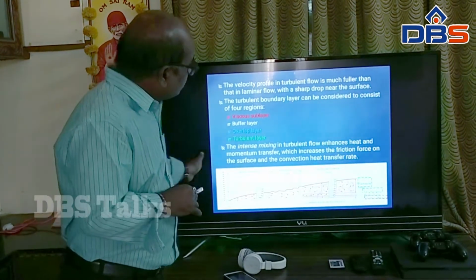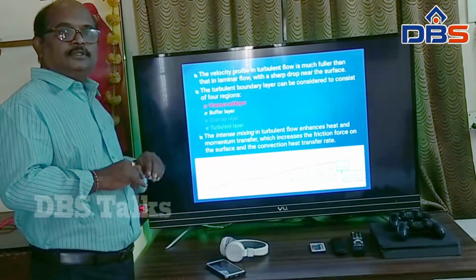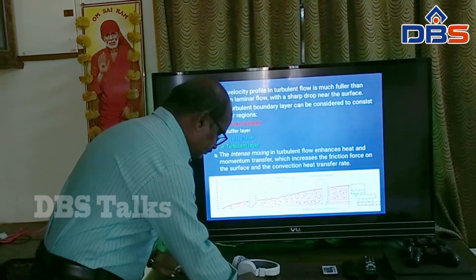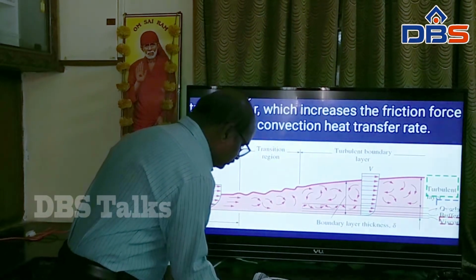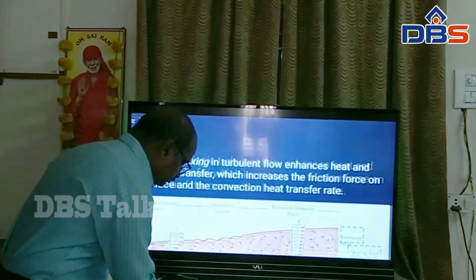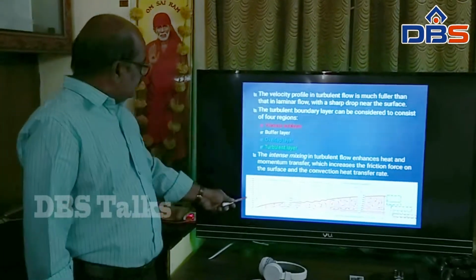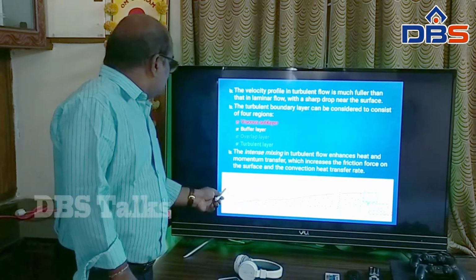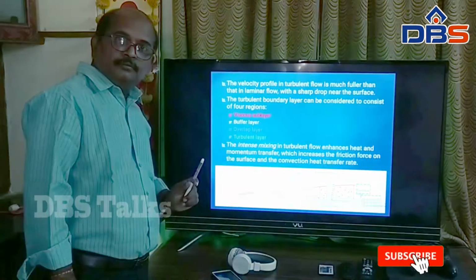Over the plate, a fluid is flowing with a uniform velocity of V. See, over a plate, the fluid is flowing. So this is a plate. The fluid is flowing with the uniform velocity of V.